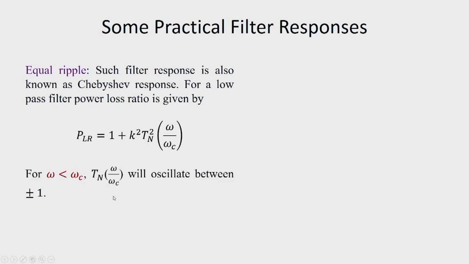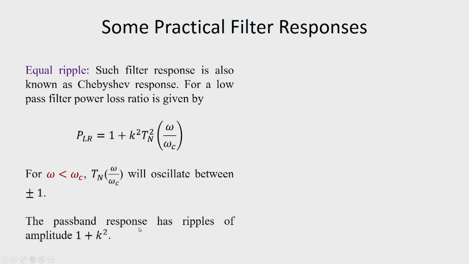Now, this T n, these are Chebyshev polynomial, and for omega less than omega c, T n will oscillate between plus minus 1. The passband response has ripple of amplitude 1 plus k square.